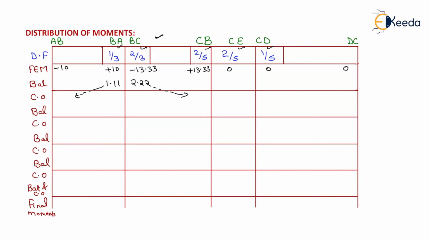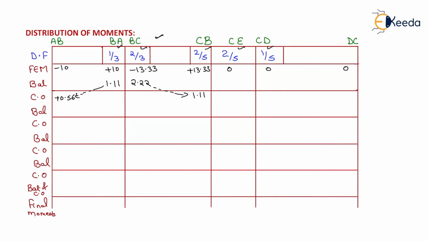Due to the fixed support at AB, the carryover moment will be half of the balanced moment, which will be equal to plus 0.56. Similarly at CB, the carryover moment will be half of the applied moment, that is half of 2.22, which will be equal to 1.11.